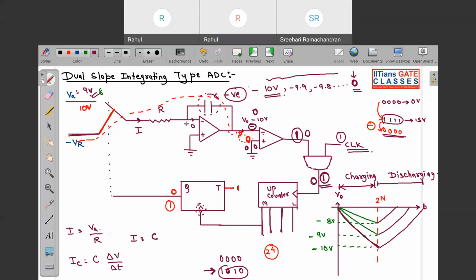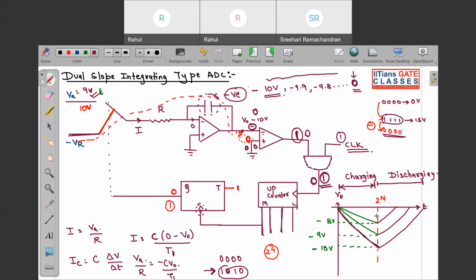So del V means this is your positive side, so 0 minus V naught by del T. At the starting point we have 0, and V naught we have at this time. Let me assume that it is T1. So this I will be equal to VA by R is equal to minus CV naught by T1.